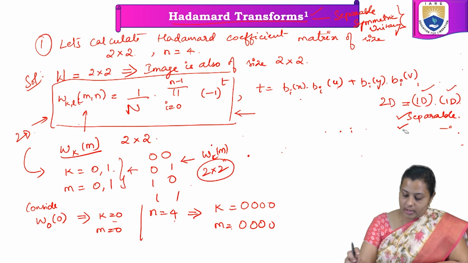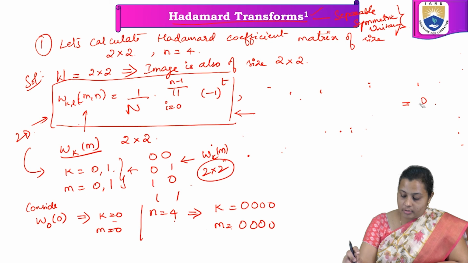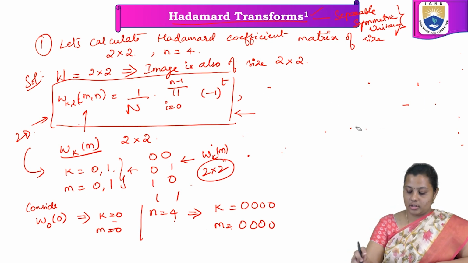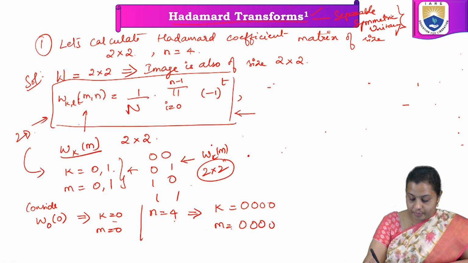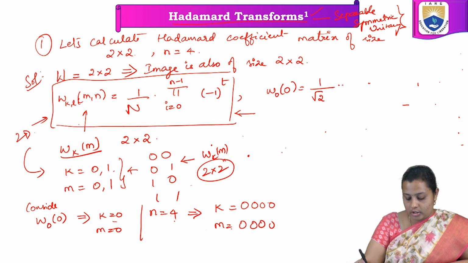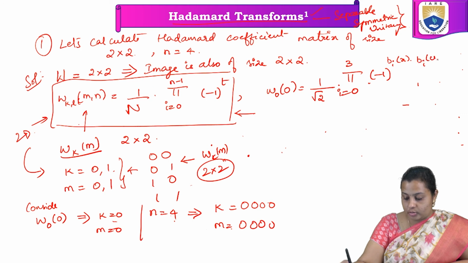If I want to calculate my coefficient matrices, then I can say that W0 of 0 equals 1 by square root of 2 into the product over i equals 0 to 3 of minus 1 power b_i(x) into b_i(u).